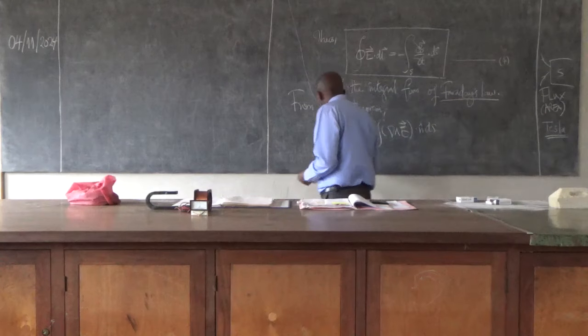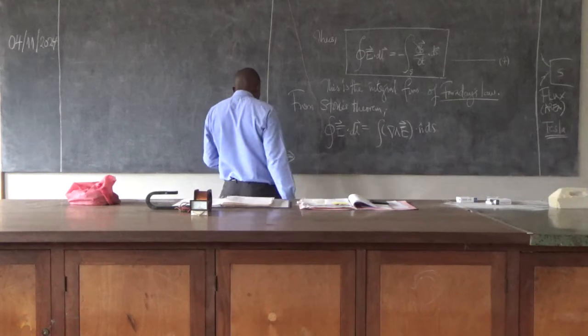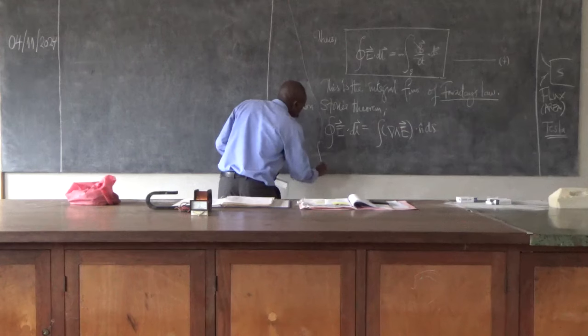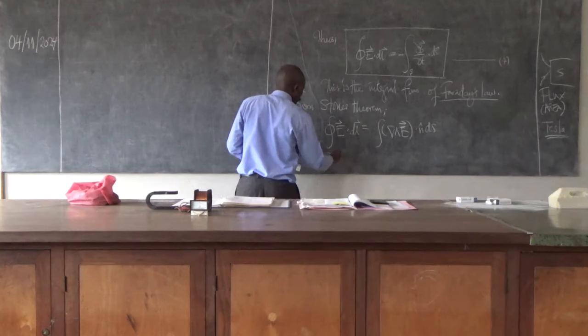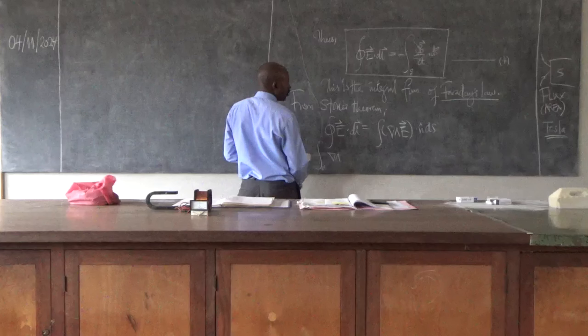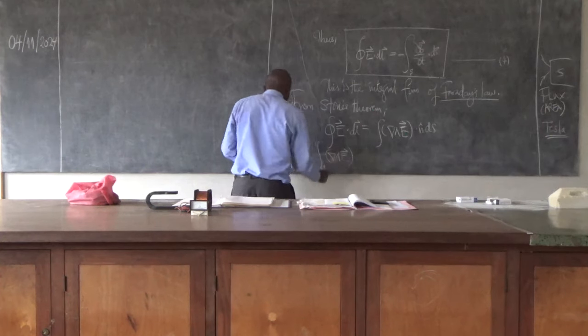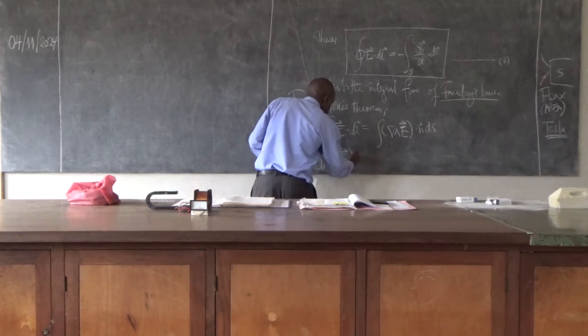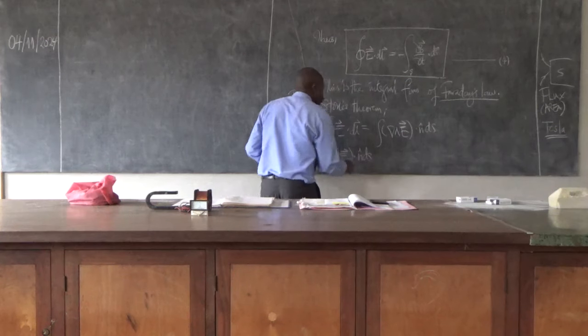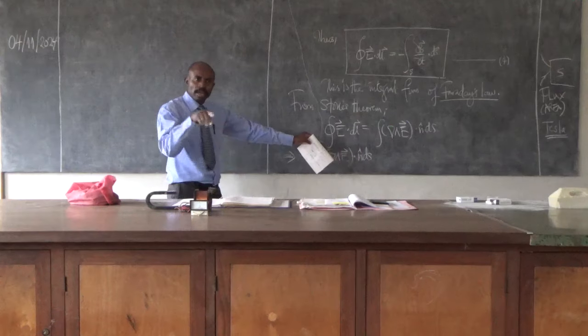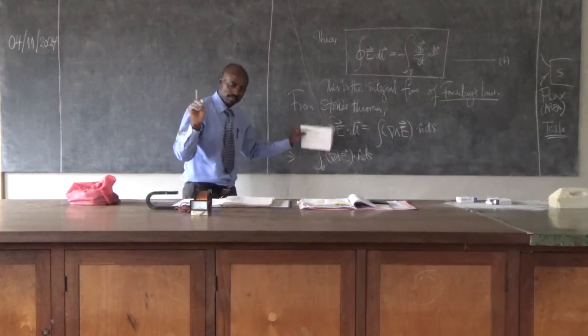So this implies that the integral over the surface S of the curl of E, according to Stokes' theorem, which has become this, the curl of E dot dS. If you wrote dS as a vector, I have no problem.